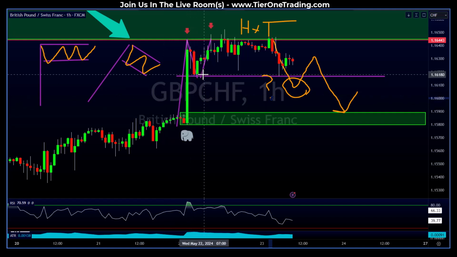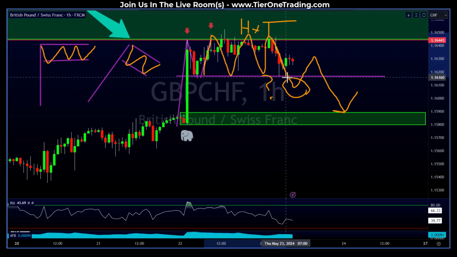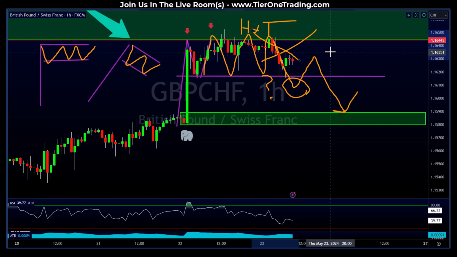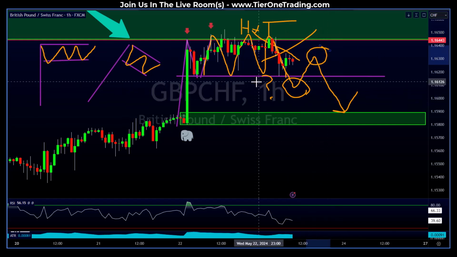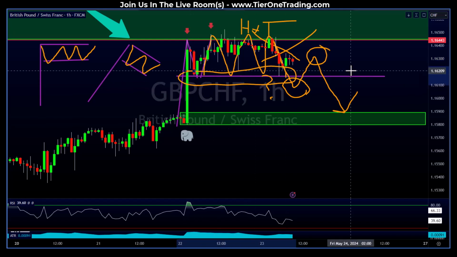Yes, we can give it power here, but once this is violated, there should be no fear in taking the potential 2618. Because once again, it all comes down to this: once this lower level is violated, that changes the game.